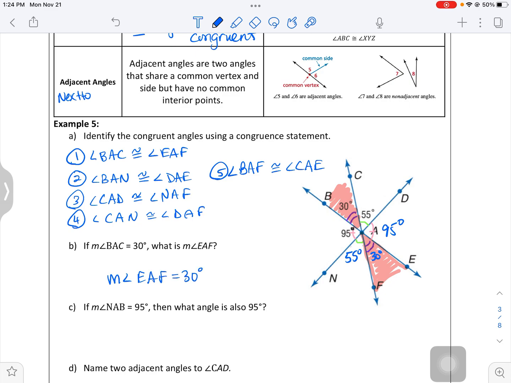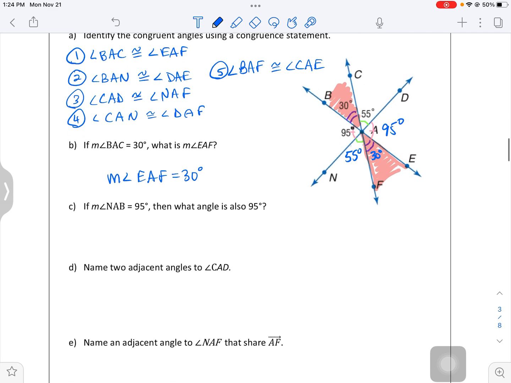We call those vertical angles when they're across from each other like that. Okay, so if NAB is 95, what angle is also 95? The one across from it, the one vertical to it, is angle DAE. So angle DAE is also 95 degrees.